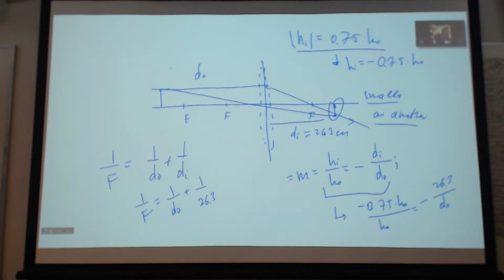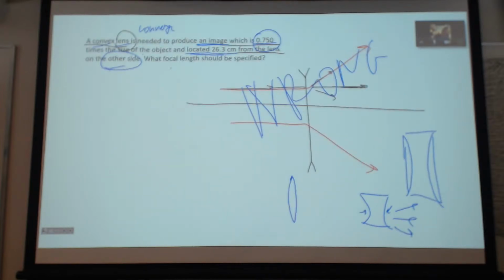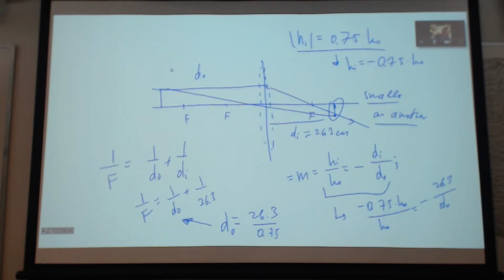We could solve for D-O. Exactly. That's going to be 26.3 divided by 0.75. Then you can plug this answer into this equation and calculate the focal distance. That's exactly what you're looking for. Sounds good. Thank you.